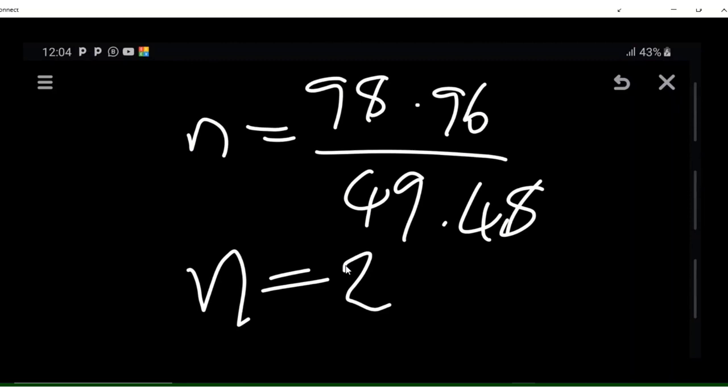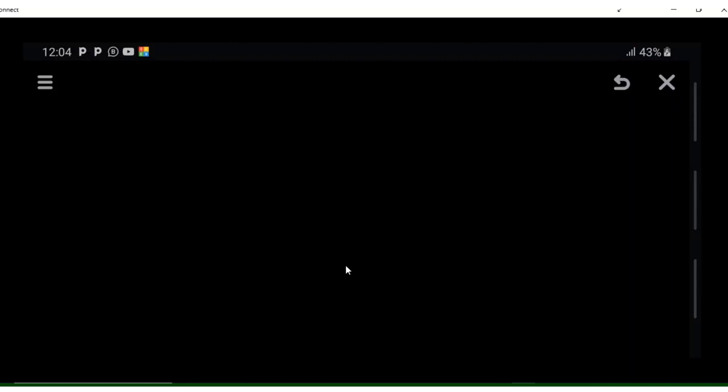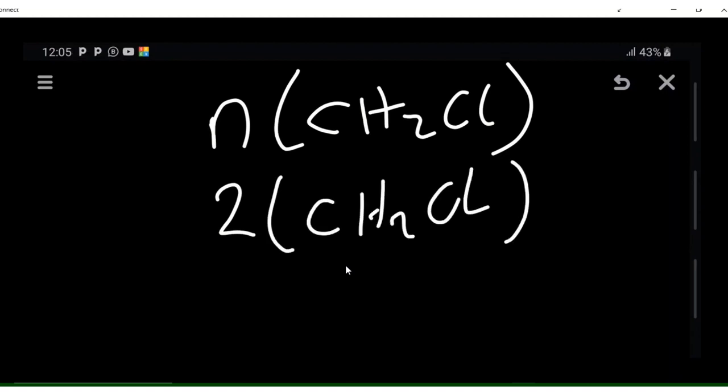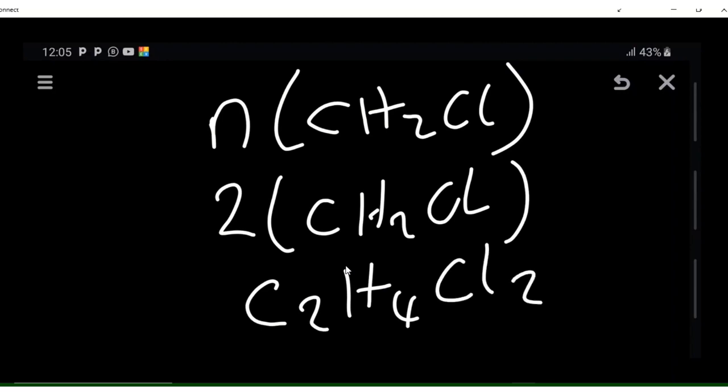That's the N. So we plug in our N. The empirical formula is CH2Cl, so I'm putting a 2 here because N is 2. CH2Cl becomes C2H4Cl2. This is your molecular formula, as required.